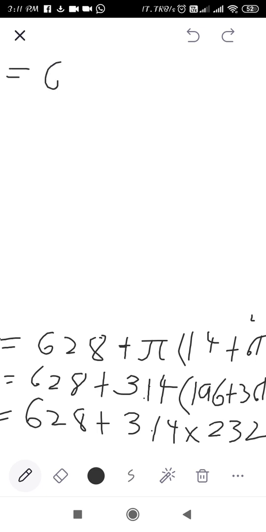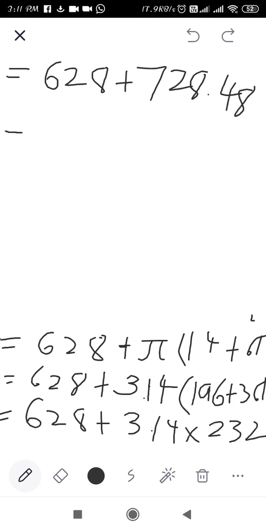So now you will add 628 plus 728.48, right? Now you will add these two values.